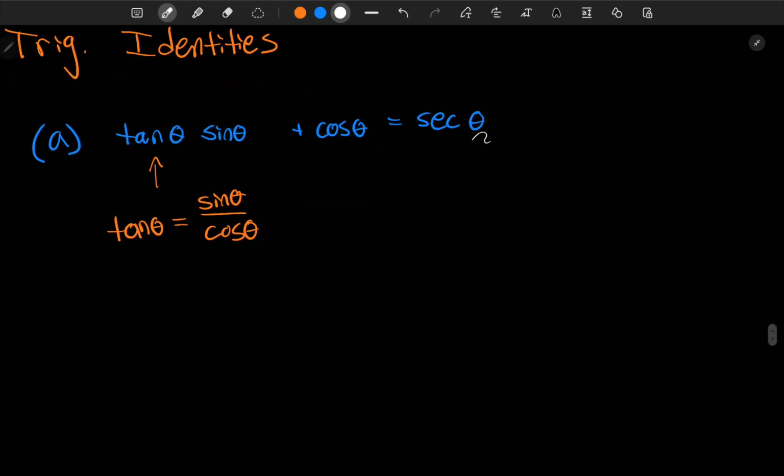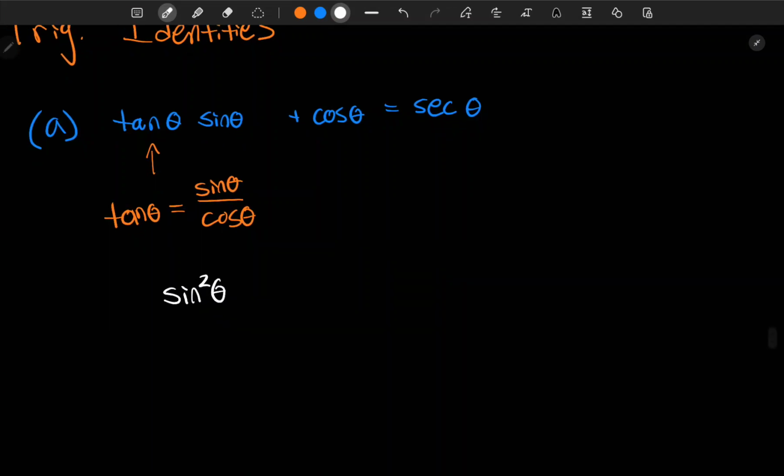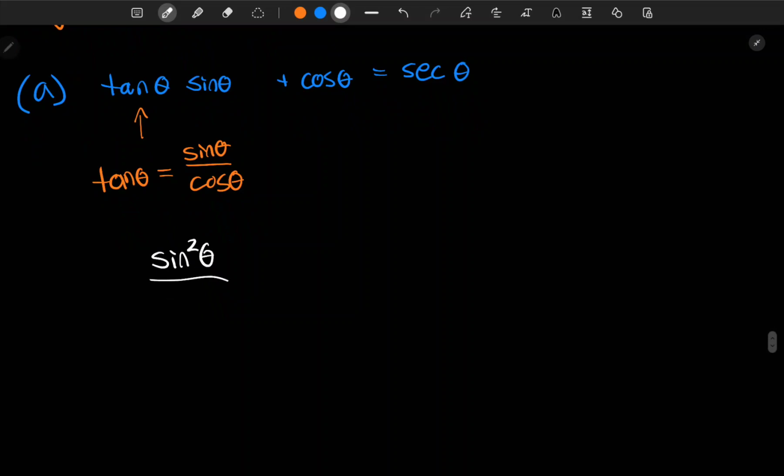Then the identity above becomes sine squared theta, because we have one sine theta from the tangent and another sine just from this right here.